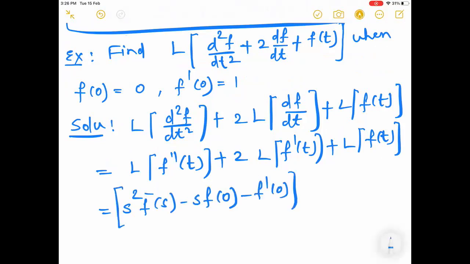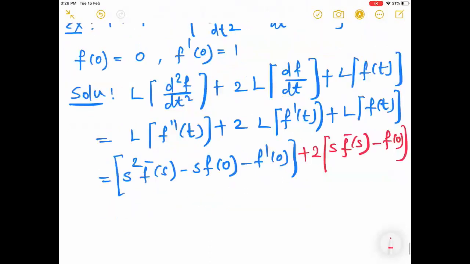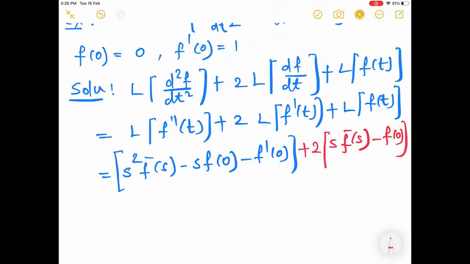Okay. Then the second bracket is the first derivative. So plus 2 into, it will start from s into f bar s minus f of 0, second bracket term. Okay. And the third bracket, what is the Laplace transform of f of t? f bar of s. Yes, so just write f bar of s.